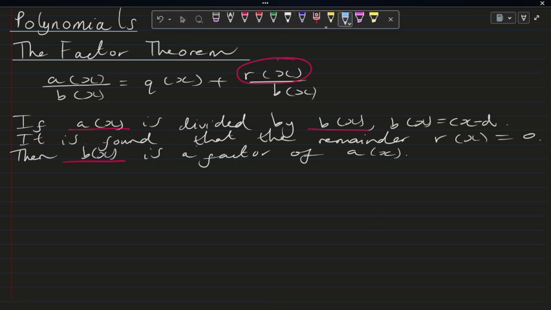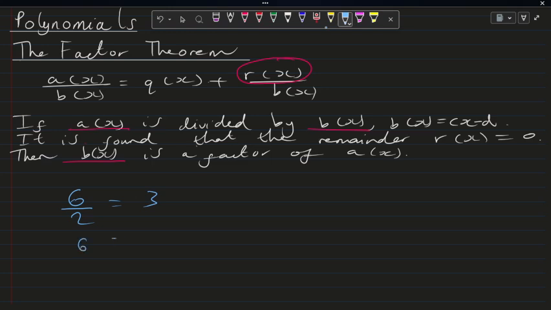Okay, so what do we mean by something being a factor? Let's take this numerical value 6. Now, we know that if I divide 6 by 2, I will get a value of 3 with no remainder. So because of this, I can conclude that 2 is a factor of 6.